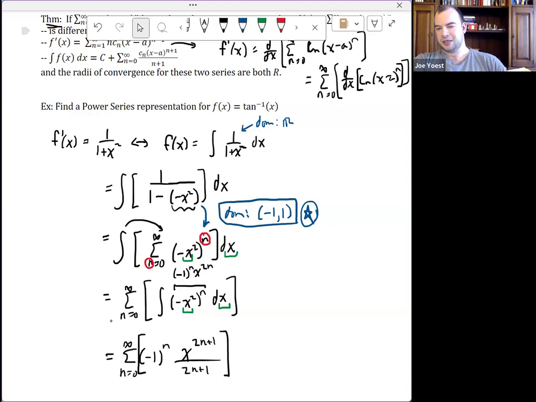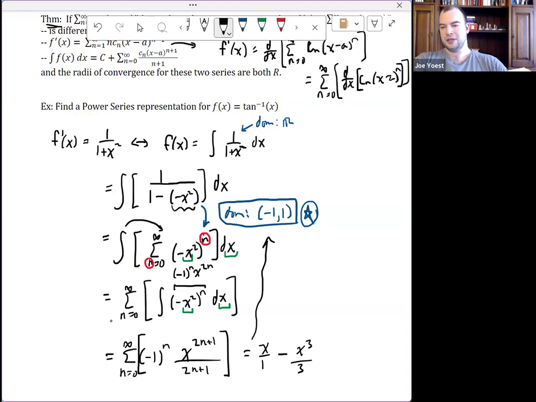So what are the first few terms then? Again, keeping in mind this only applies for x's in negative 1 to 1. When n equals 0, I have negative 1 to the 0, so that's 1. x to the 1 over 2 times 0 plus 1 is over 1. When n is 1, I have negative 1 to the 1, so that's a negative. x to the 3 over 3.